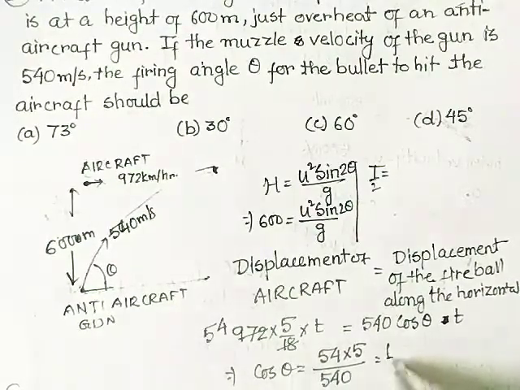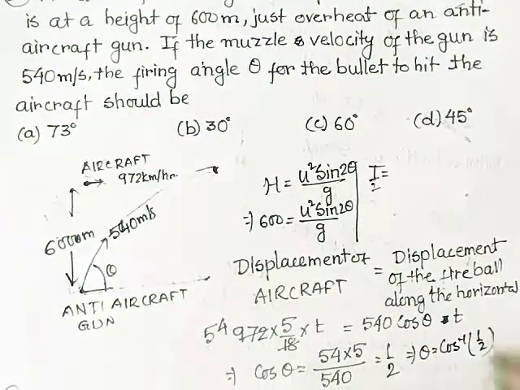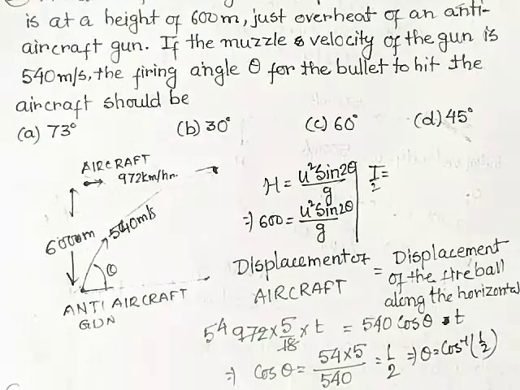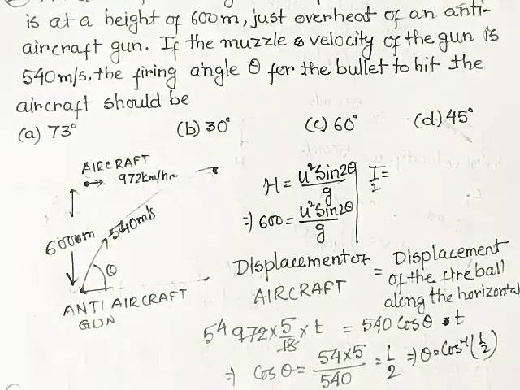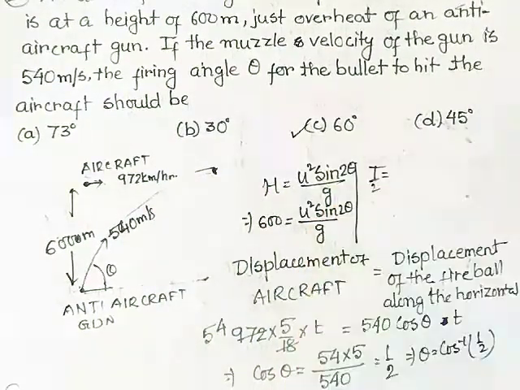So from here it is 1 by 2, and theta equals cos inverse 1 by 2, which you know is 60 degrees. So it should be fired at an angle of 60 degrees.